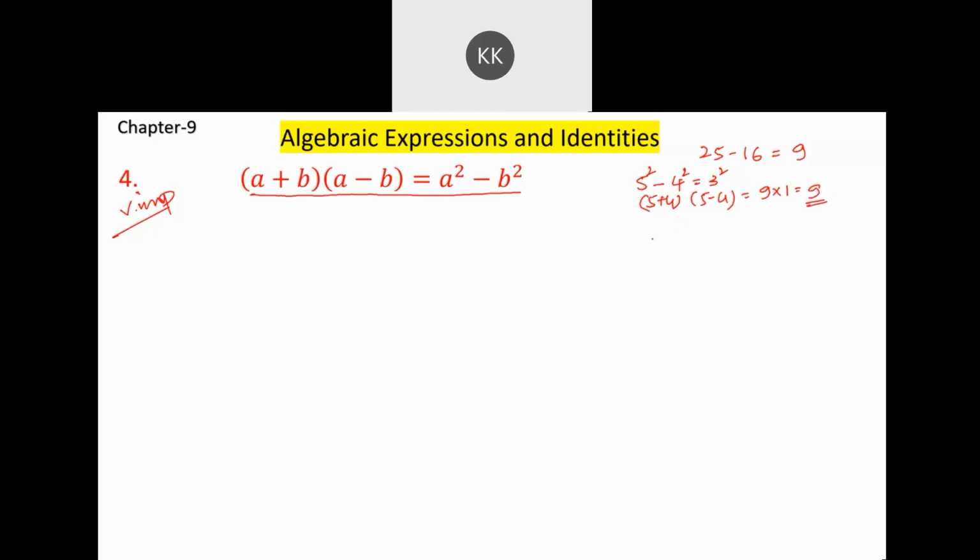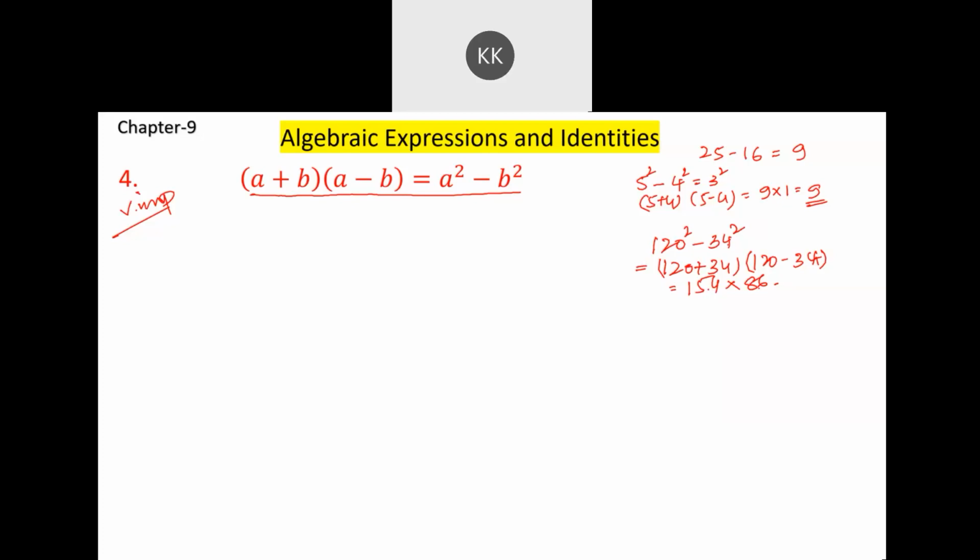If a larger number is there, say for example 120 square minus 34 square, instead of finding the squares, it is better that we do like this: 120 plus 34, which is 154, and 120 minus 34, which is 86. So multiplying these two numbers is easier than finding the squares of two different numbers.